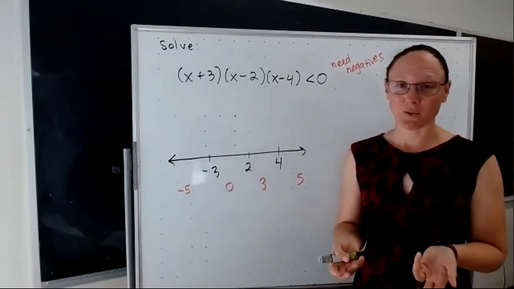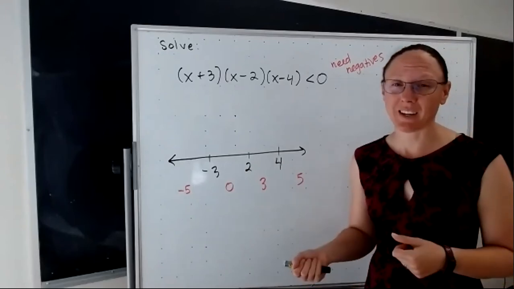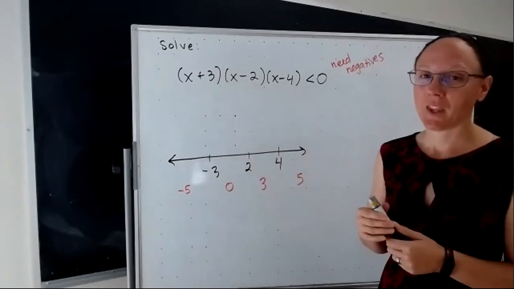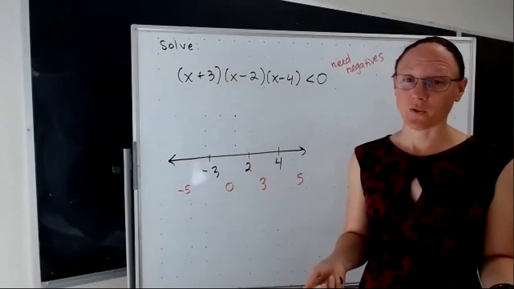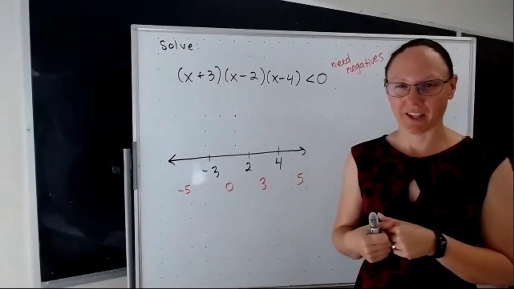So these could be my test numbers. As you get more practice with this, or if you're good at arithmetic, maybe you can think about plugging those in your head. Sometimes folks find it useful to make a chart just to keep track of things.